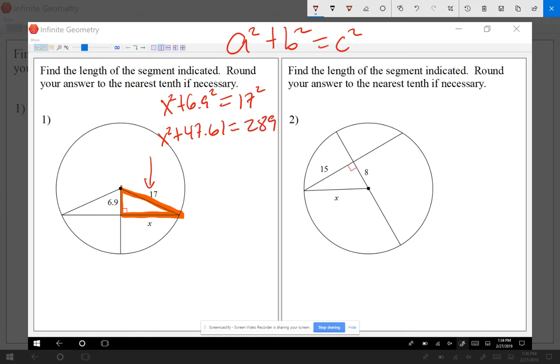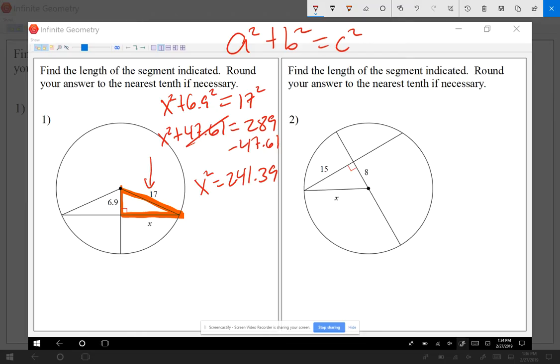I just did my squares. I'm going to subtract 47.61 from each because I want to leave the x squared alone. So x squared equals 241.39.